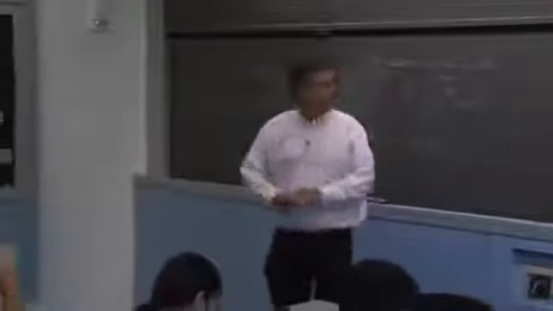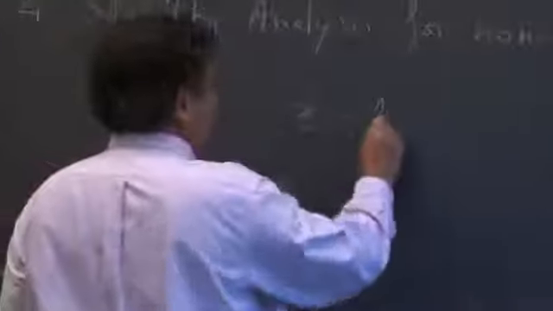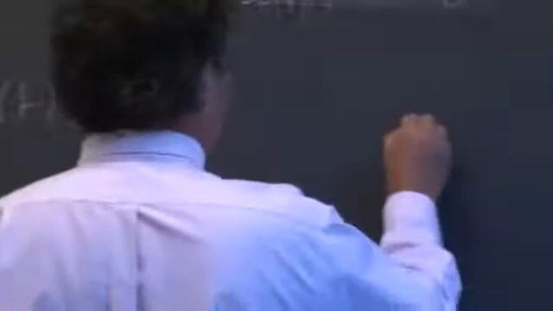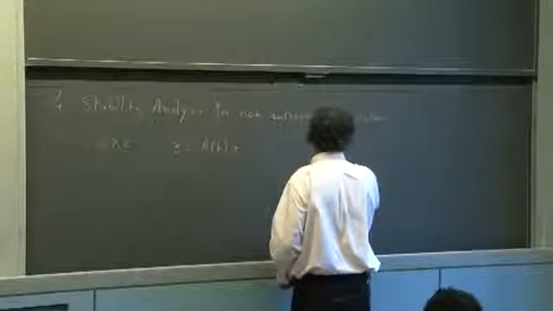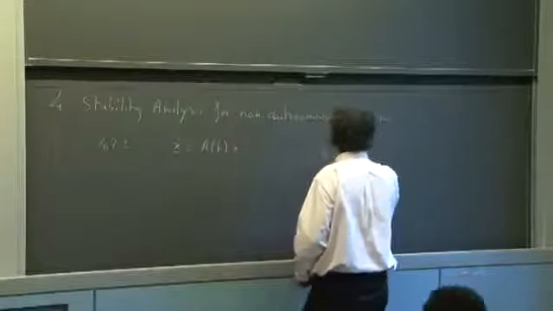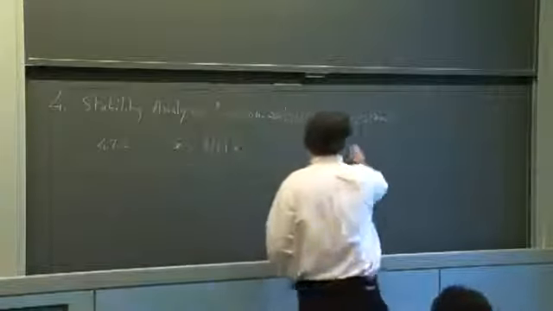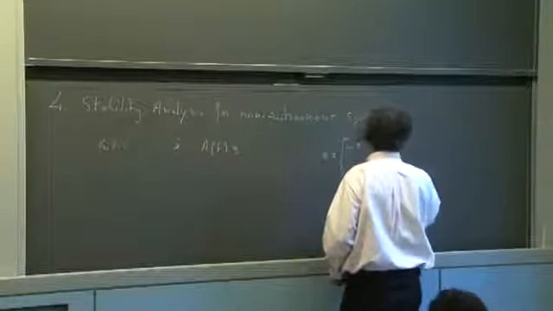You can make it even more natural if you want, but this one was chosen just to be simple. So suppose we take a linear time varying system, x dot equal A of t times x. Specifically in dimension 2, this linear time varying system is x dot equal to the matrix [-1, -1; 0, e^(2t)] times x.